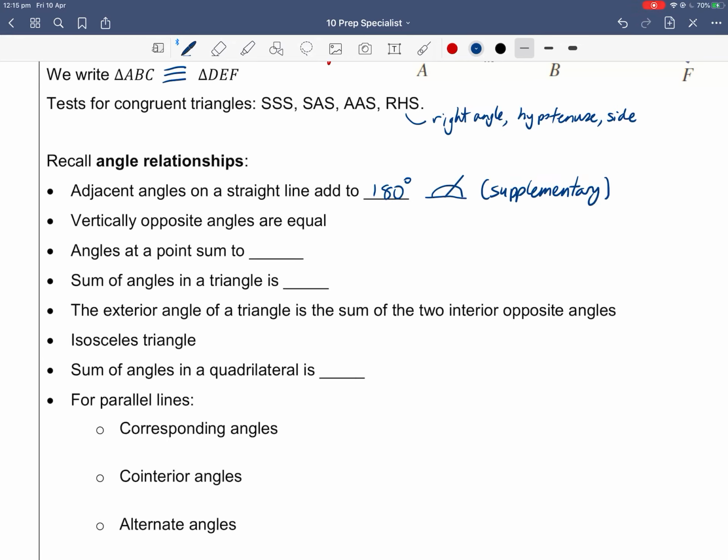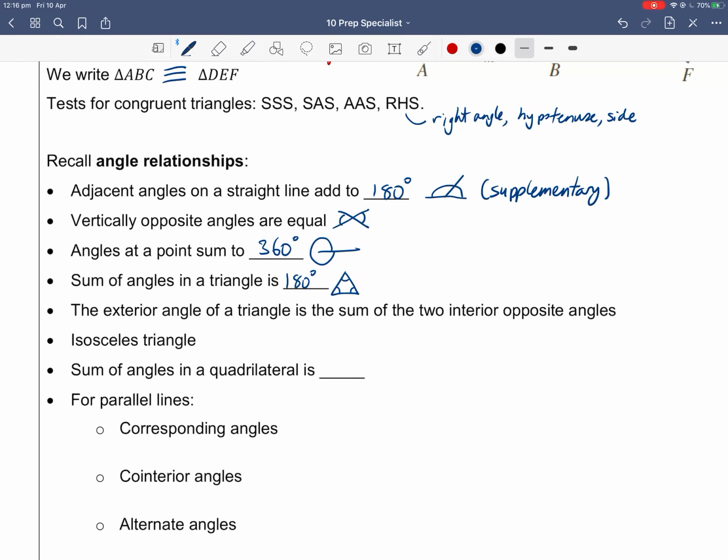Vertically opposite angles are equal, and the symbol for that is literally draw in vertically opposite angles and label it. Angles at a point add up to 360 degrees. Or a revolution. Sums of angles in a triangle is 180 degrees. The symbol for that is just literally draw a triangle and label the 3 sides.